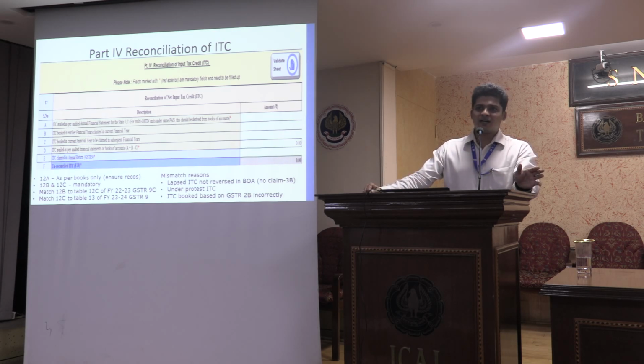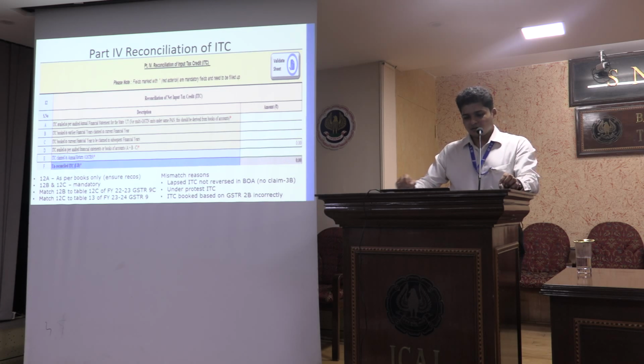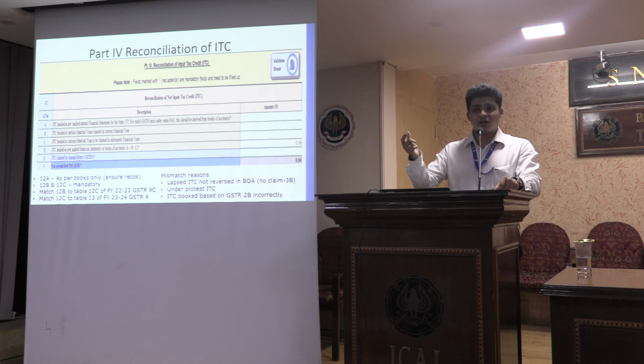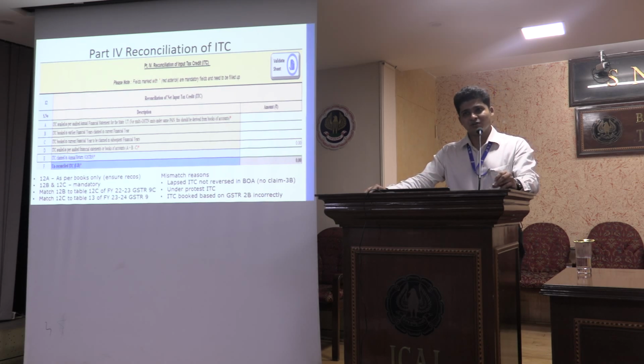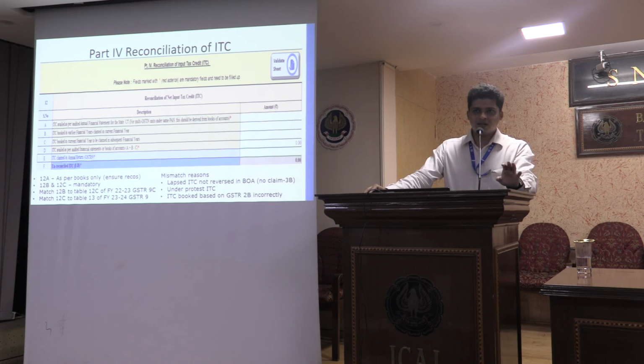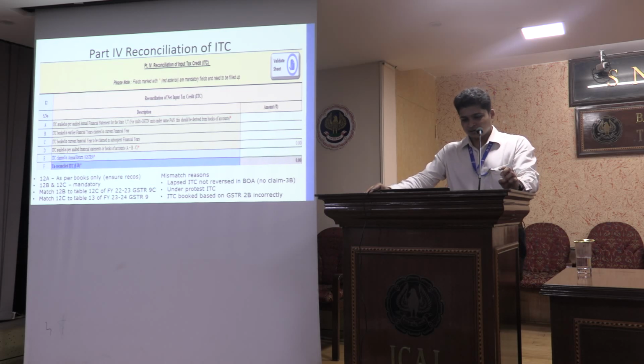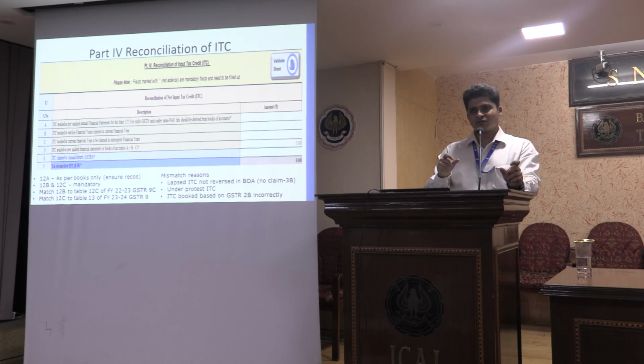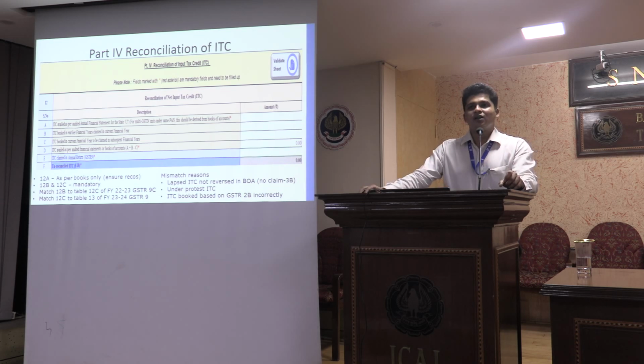So you disclosed 100 last year, but you claimed only 80. That's what you have shown now in this working. Even in your table 6M, if I go and verify also, it should ideally match to 80. The 22-23 credit claimed in 23-24. So 6M can be used as a matching figure for 12B of this year in relation to 12C of last year. So this is a three-way check, internal check that can be performed.